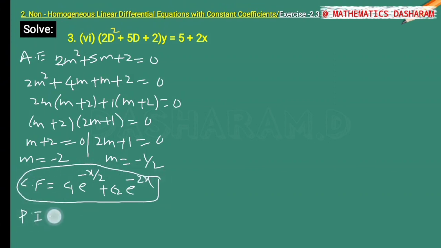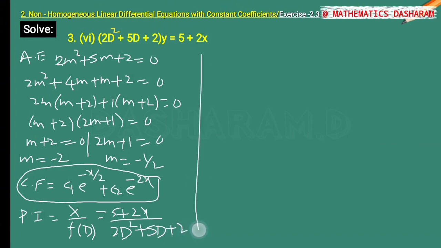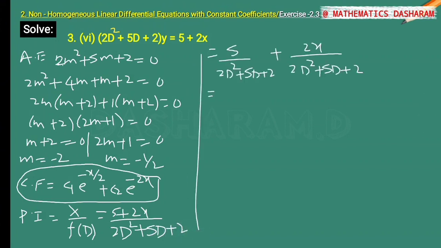Now the particular integral is x divided by f of D. Here x means 5 plus 2x divided by (2D square plus 5D plus 2). Now split into two fractions. So here substitute D value 0.